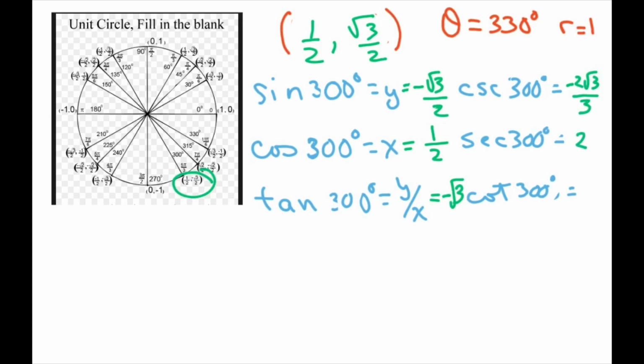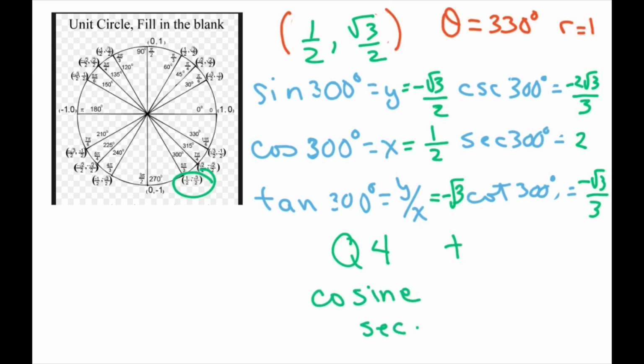Flip that, you get 2. Flip that, you get negative square root of 3 over 3. And notice in quadrant 4, the only things we have positive are cosine and secant.